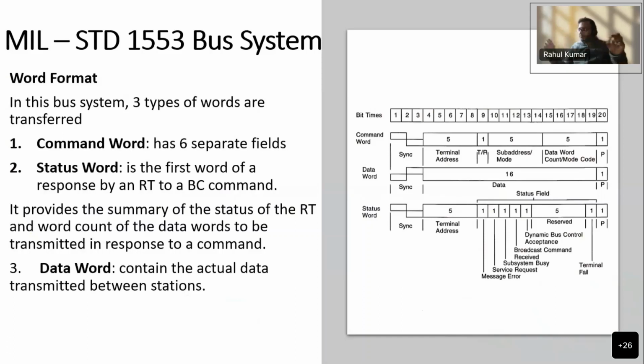Now, to specify this address, the data is transmitted in a particular format, which is called a word. Okay. So in the 1553 bus system, there are 3 types of words that are used for data transfer. The first is your command word, which has 6 separate fields. Okay.